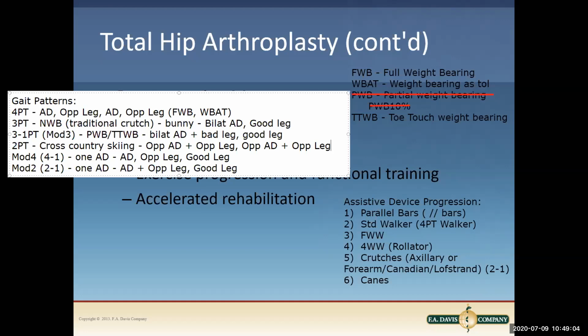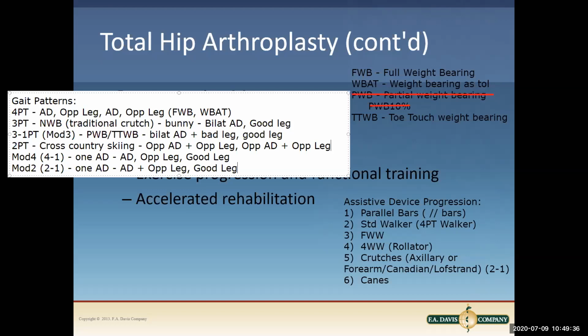Because remember, the regular 4-point pattern goes assistive device, bad leg, assistive device, good leg. The mod 4 or the 4-1 goes assistive device, bad leg, good leg. Assistive device, bad leg, good leg.